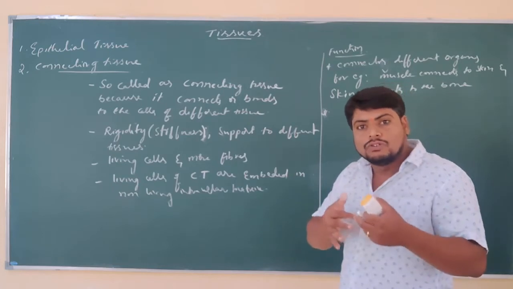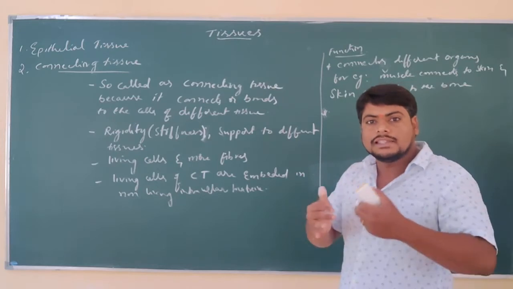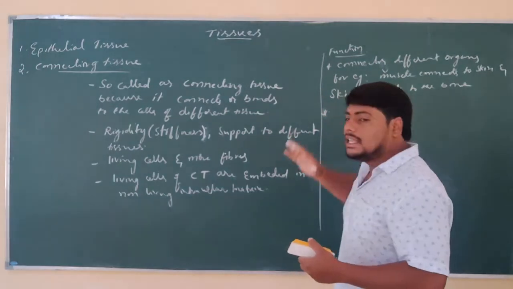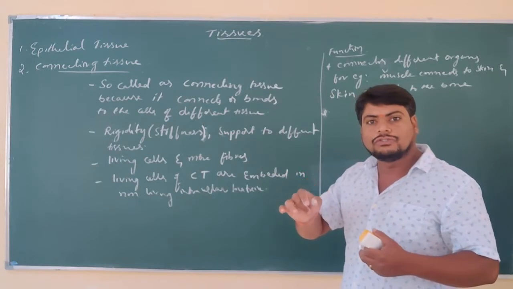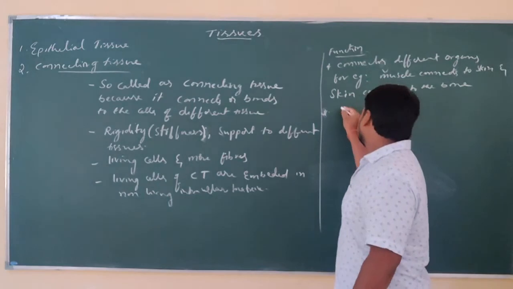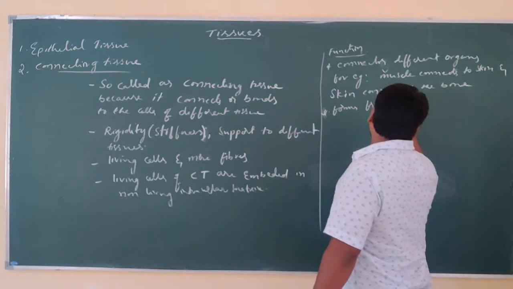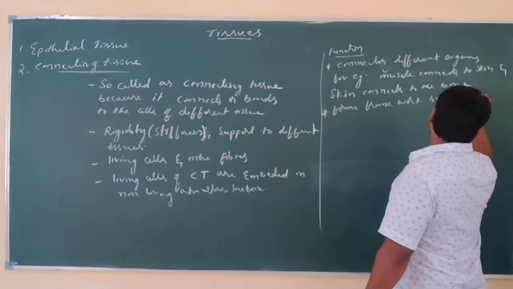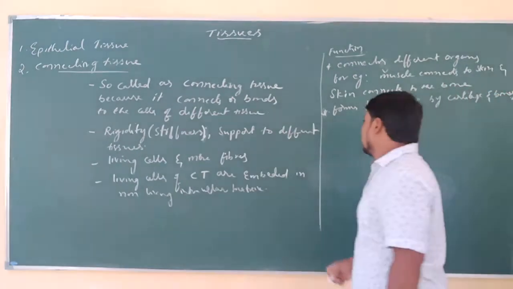Bones and cartilage are also types of connecting tissue, and they help in the formation of the skeletal system. These form the framework of the system by cartilage and bones. Understand?